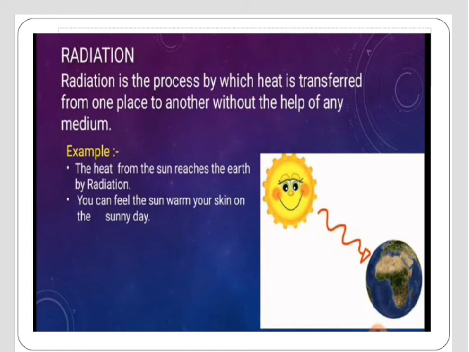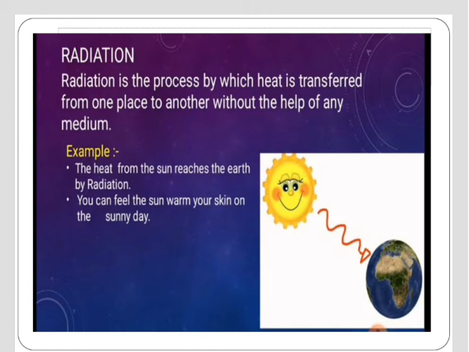Okay. Examples of radiation. The heat from the sun reaches the earth by radiation. Another example, you can feel the sun warm your skin on sunny days.